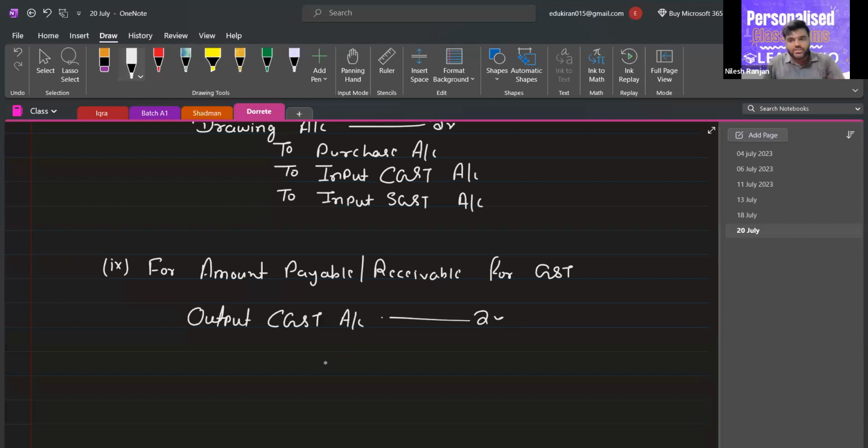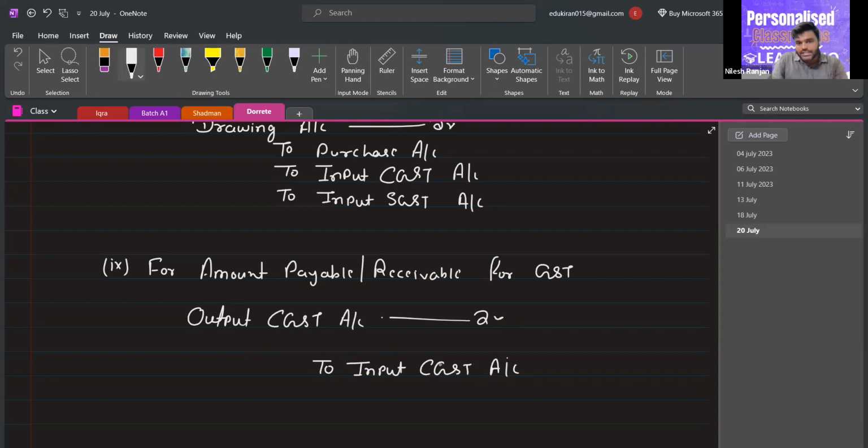Actually, you have to pass journal entry for CGST and SGST separately at the time of payment. You can combine CGST and SGST in any purchase or sale, but when we are going to pay to the government, we have to pass the journal entry separately. So output CGST account debit to input CGST account.